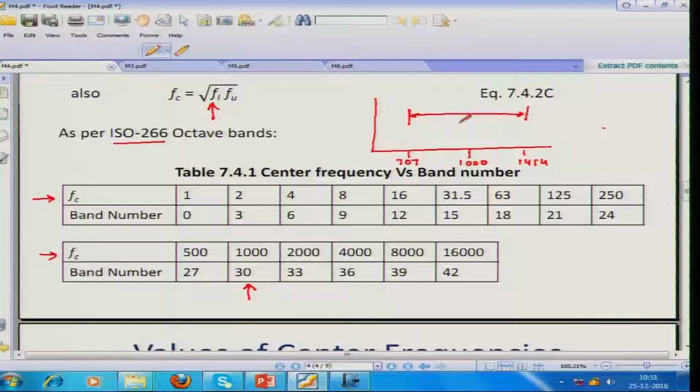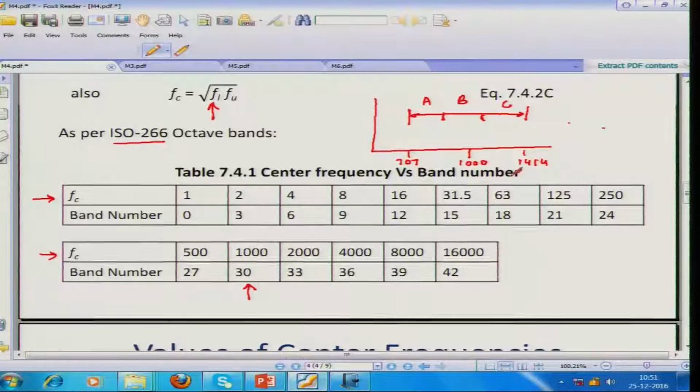So, the overall band is 707 to 1414, but this could be the first smaller band, this could be the second smaller band, and this could be the third smaller band. If you break an octave band into 3 parts, then it is called a 1/3 octave band.